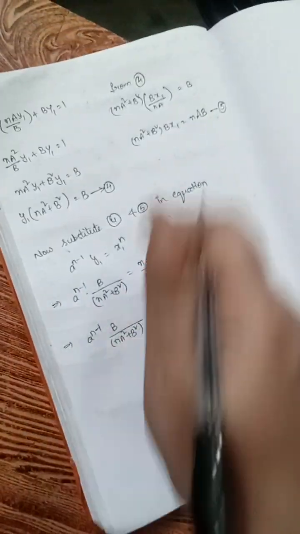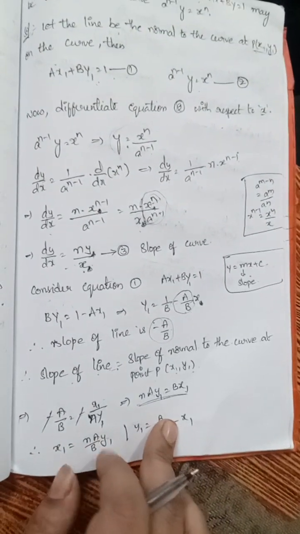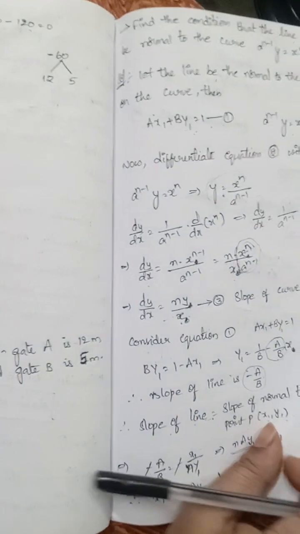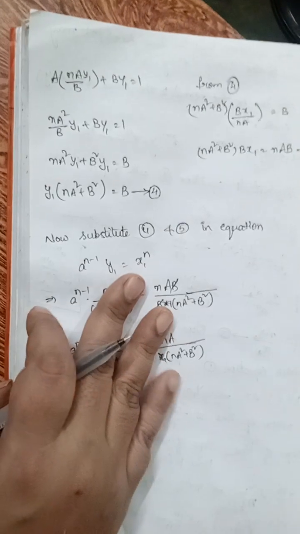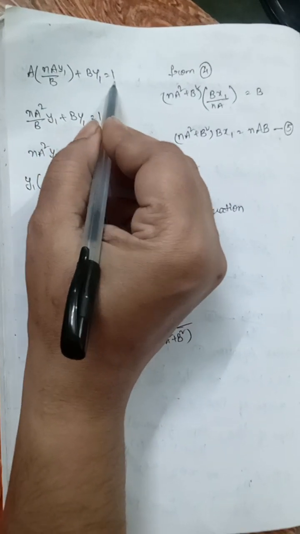Next, substitute those values in equation 1. Here we got the x1 and y1 values. Substitute these values in equation 1, and what we will get: a times (n a y1 / b) + b y1 = 1.